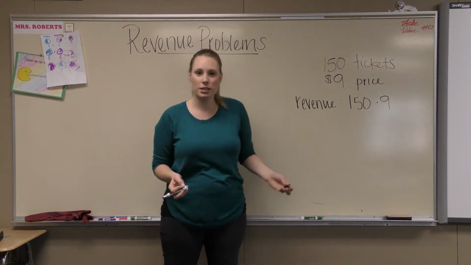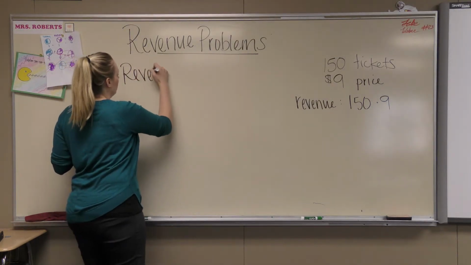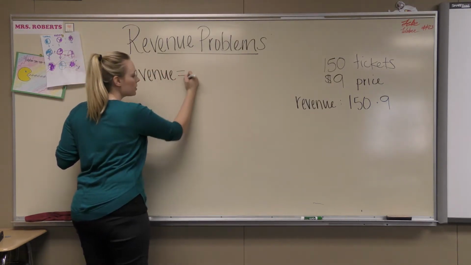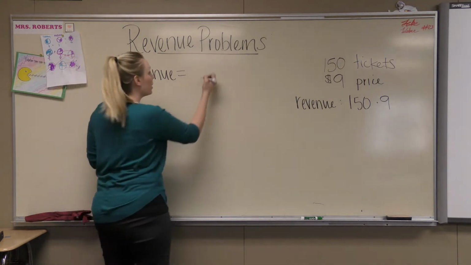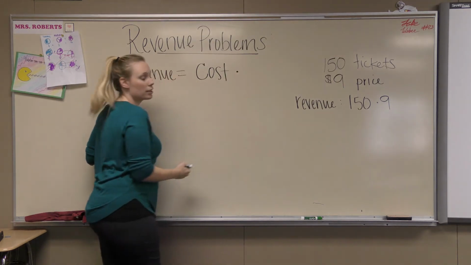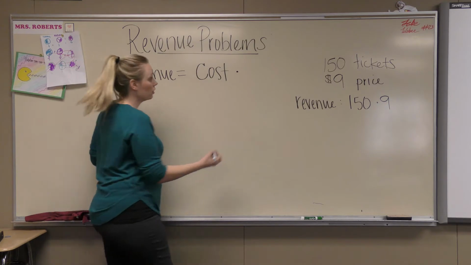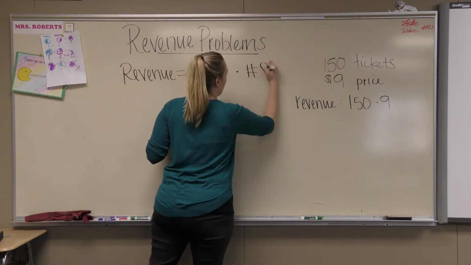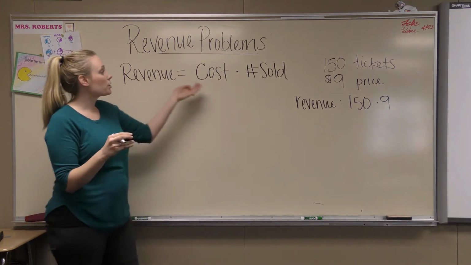So we could build a formula for this. We could say that revenue equals price or cost, times number sold. So revenue equals cost times number sold.